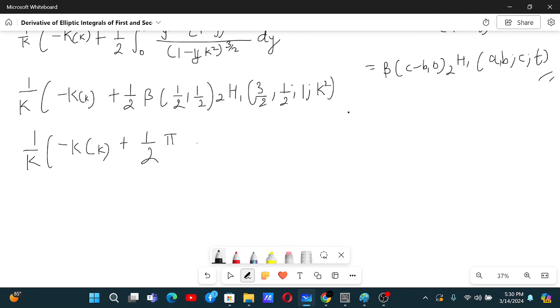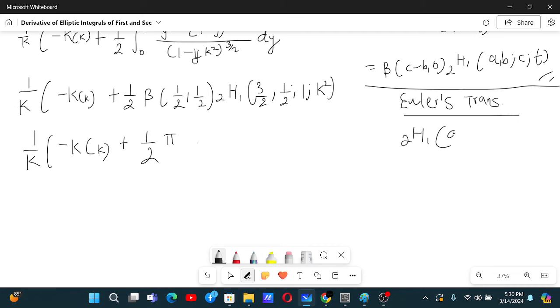Now over here in this one, we will try to use Euler's transformation. We know that 2F1 of a, b, c, x is actually equal to 1 minus x to the power c minus b minus a, times 2F1 of c minus a, c minus b, c, x.